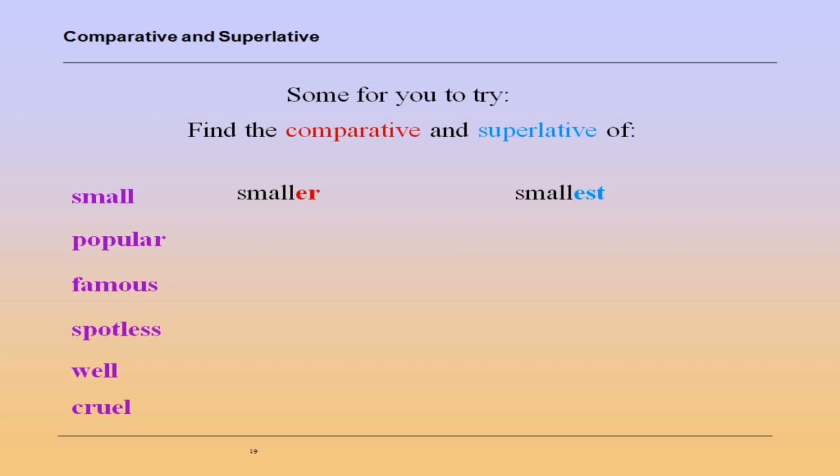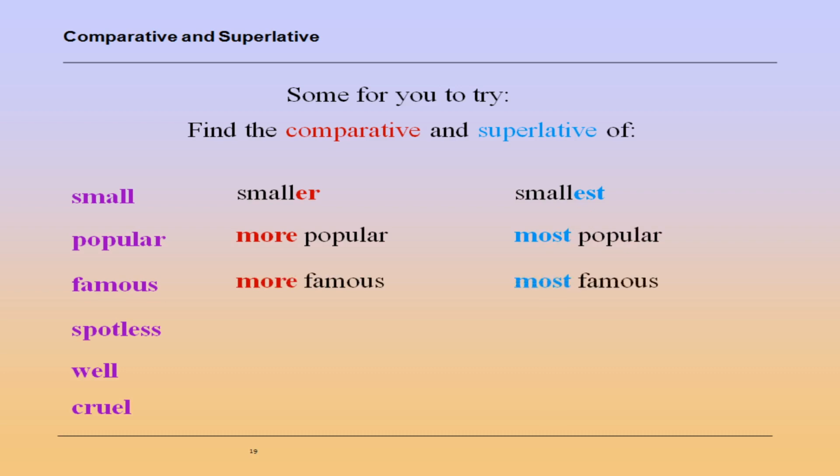Small becomes smaller, comparative form. Superlative form is smallest. Then popular becomes more popular, and most popular is the superlative form. Then famous, more famous, most famous. Spotless, spotless, spotless. Then well becomes better in the comparative form, while best is the superlative form of well.